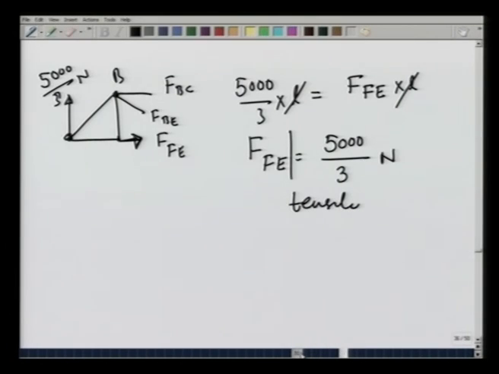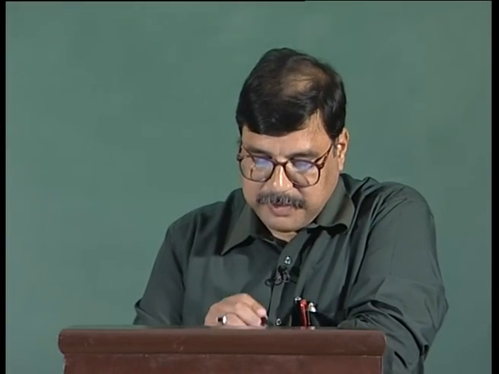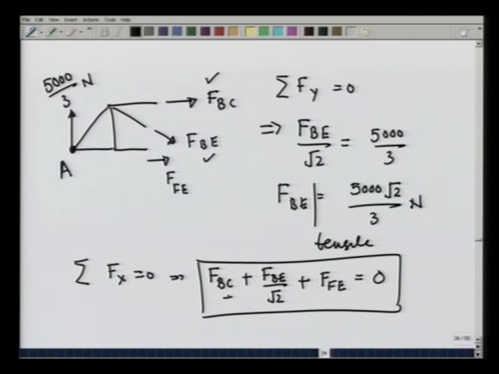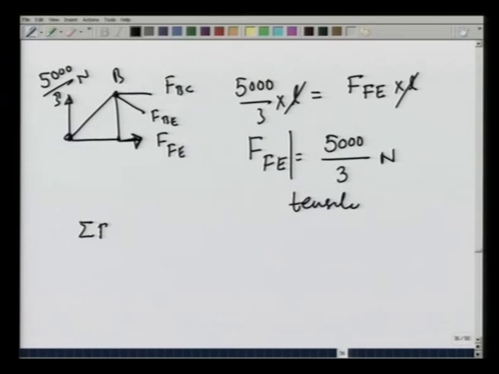And you can compare with the earlier answer, where we had calculated FFE to be tensile of 5000 over 3 newtons. Now, using the equation summation Fx equal to 0, I can also calculate FBC, and let us do that. We had summation Fx equal to 0, which gave me FBC plus FFE plus FBE over root 2 is equal to 0.